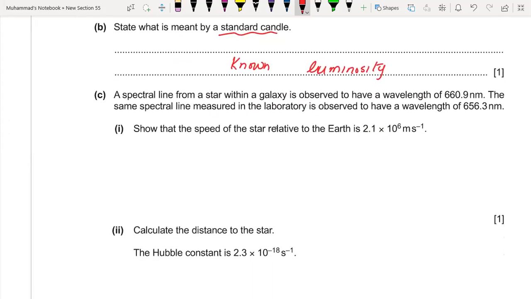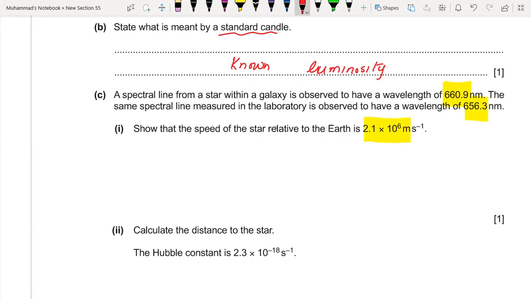A spectral line from a star in a galaxy is observed to have a wavelength of this. The same spectral line measured in the laboratory has the wavelength of this. This is the actual wavelength, and 660 is the observed wavelength. Show that the speed of the star is given by this. This is the Doppler shift question.